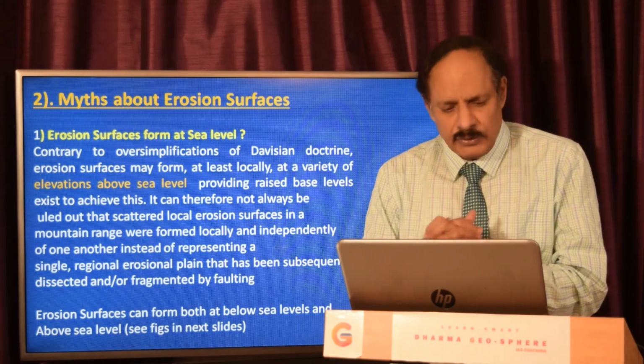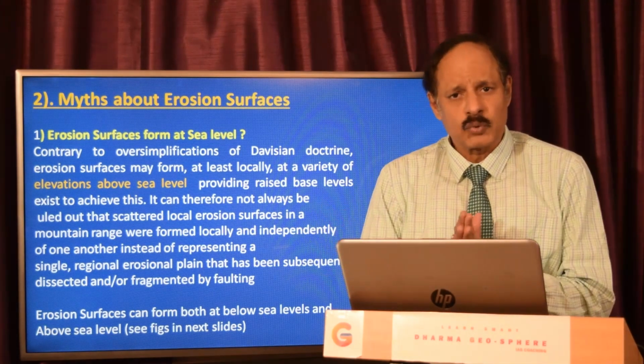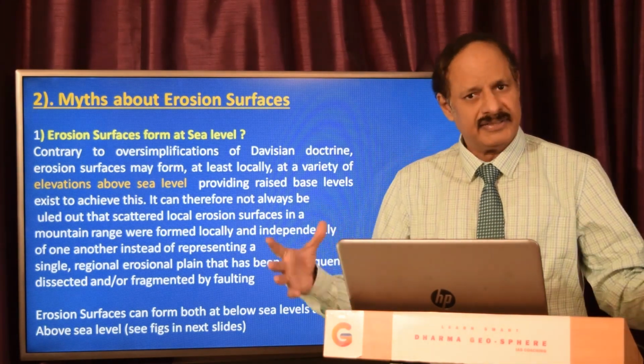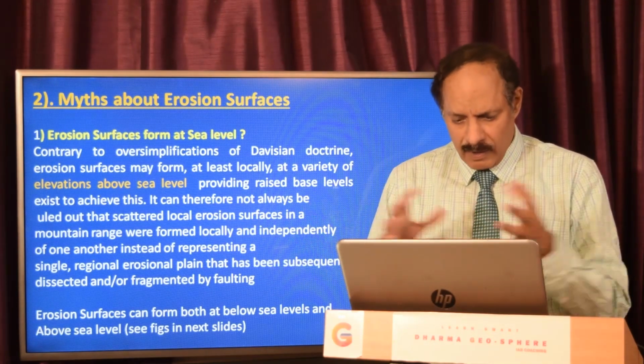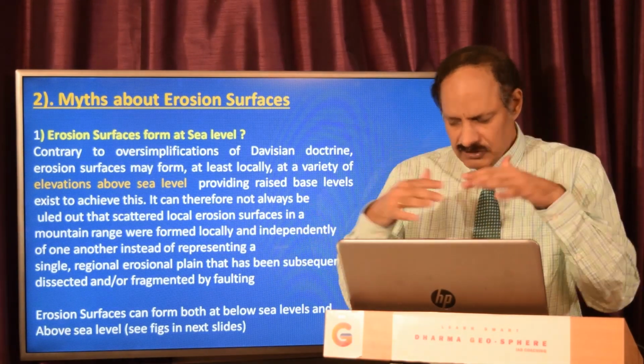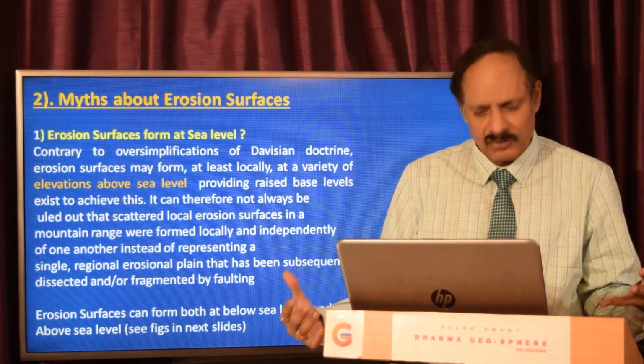So, myths about the erosion surface. A lot of students get confused because it is repeatedly said in various workshops that erosion surfaces occur at sea level. That is not so.